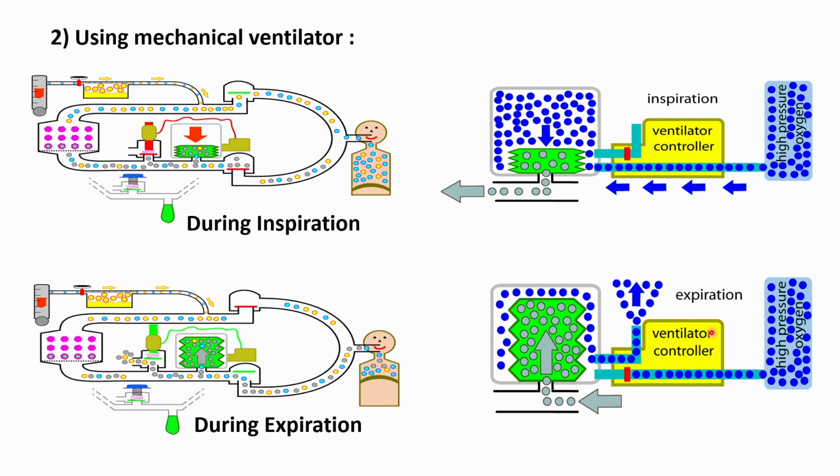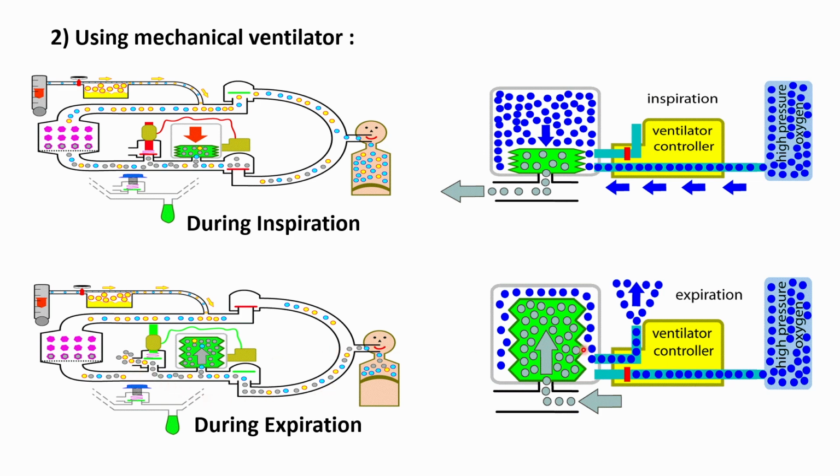But if this patient is during expiration and the ventilator control doesn't sense the 45 psi, the pressure here will be released. If this pressure is released, you can go outside directly, releasing the pressure inside the circle.